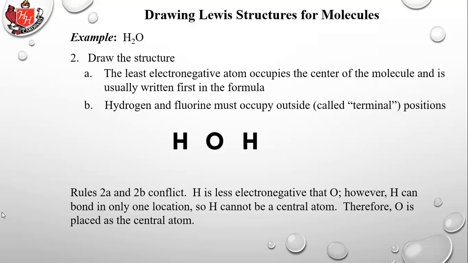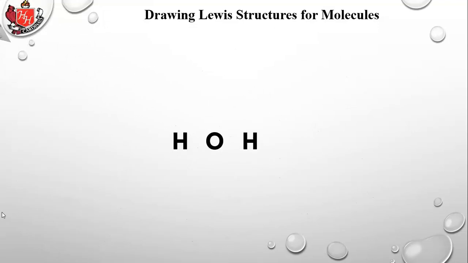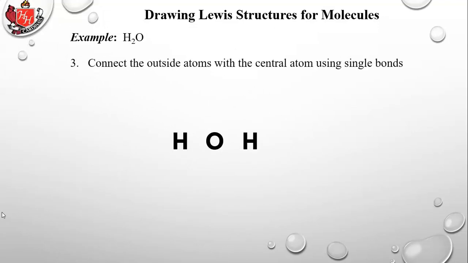A central atom has to be able to bond in at least two different locations so that it can be in the center of at least two additional atoms. Hydrogen can't do that. So hydrogen is going to be the terminal atom in water. It always has to be a terminal atom.